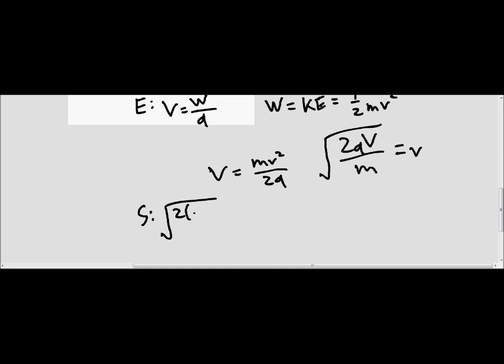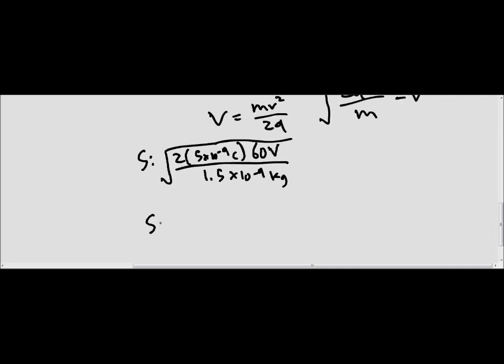So 2, and then the charge is 5 times 10 to the negative 9 coulombs, and then the voltage is 60 volts, over the mass, which is 1.5 times 10 to the negative 9 kilograms. When you multiply that out, the answer you get is 20 meters per second.